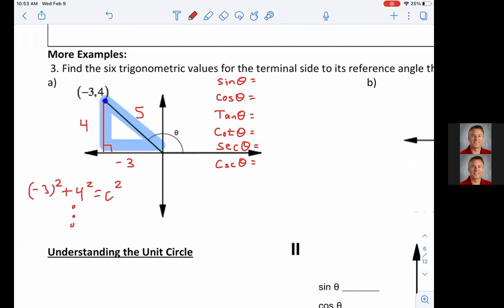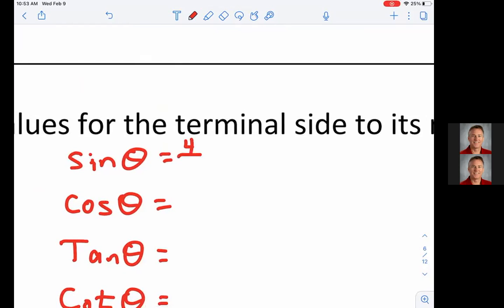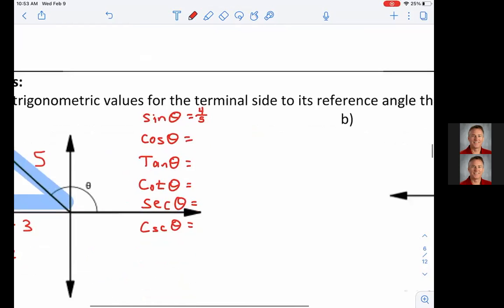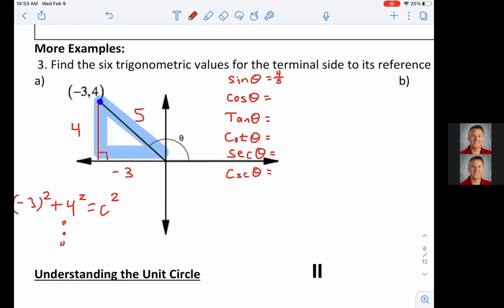So the sine of theta, okay, so we're talking about this angle in here. It's going to be the opposite, which is 4, over the hypotenuse, which is 5. So the sine of theta is 4/5. The cosine of theta would be the adjacent over hypotenuse.